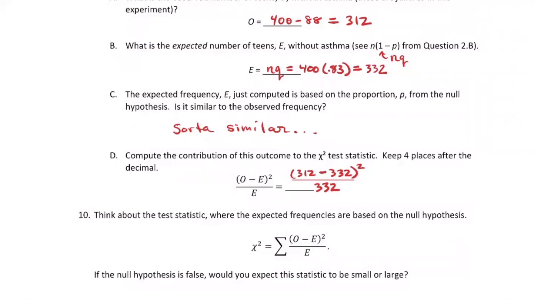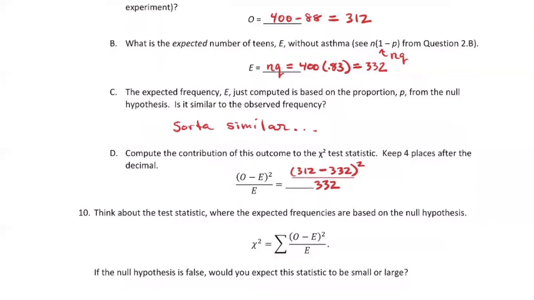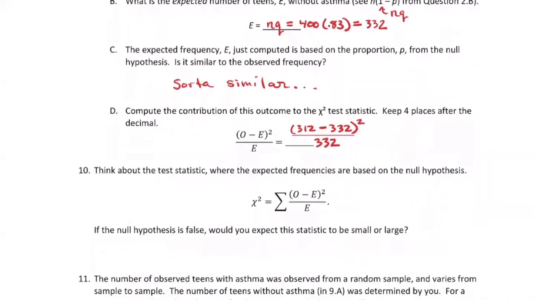But let's see what we get. Again, we're going to do 5 places after the decimal. 1.20482, I agree.